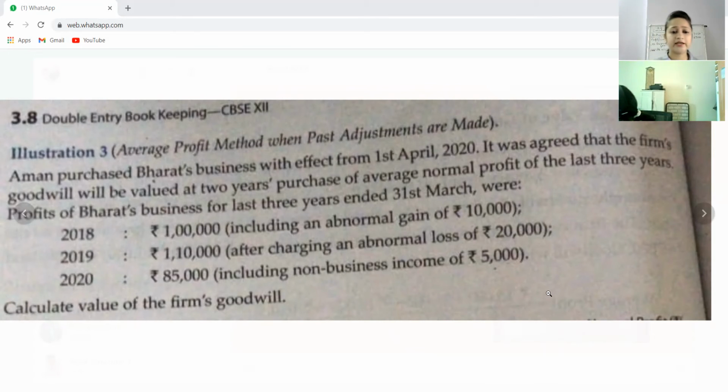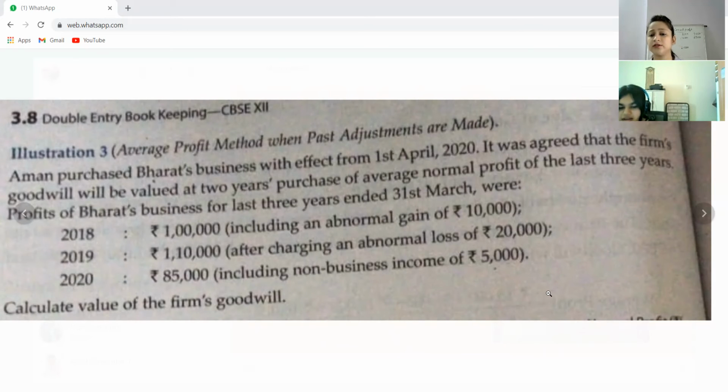And 85,000 including non-business income. We can only write business income in the PL. It is non-business income. So what will we do with this 5,000? Add or less? If we record non-business income, our profit will increase or decrease?